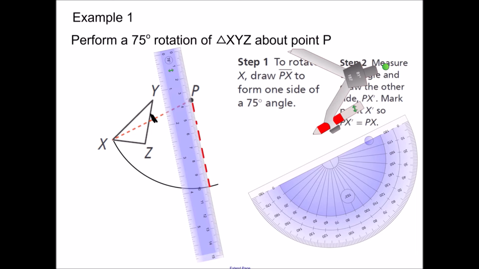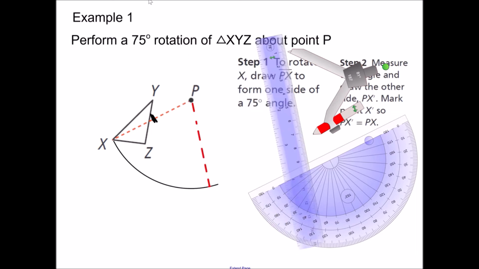This is just to illustrate the fact that these two line segments are congruent. And the point that I'm interested in here, X prime, is the point that intersected the arc.